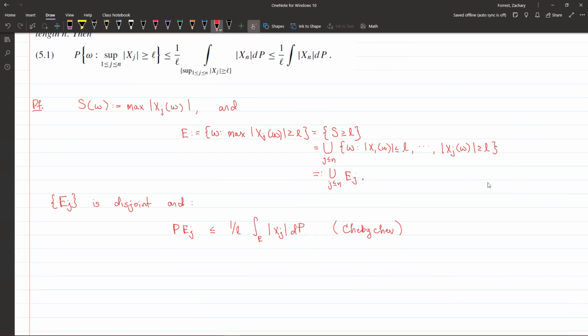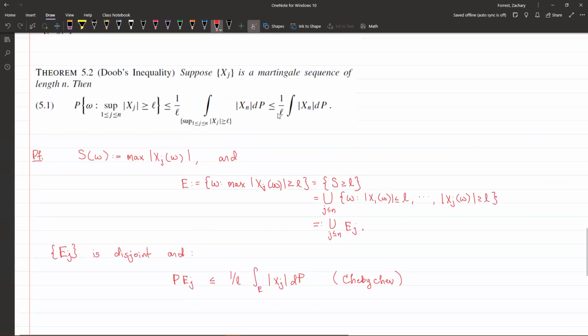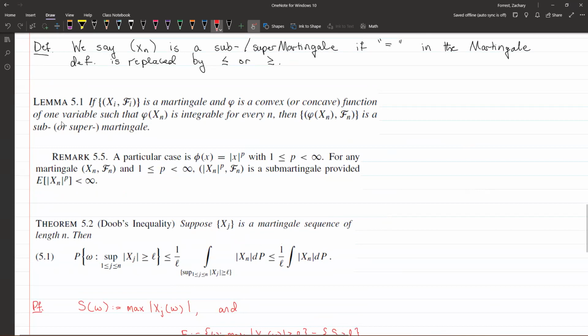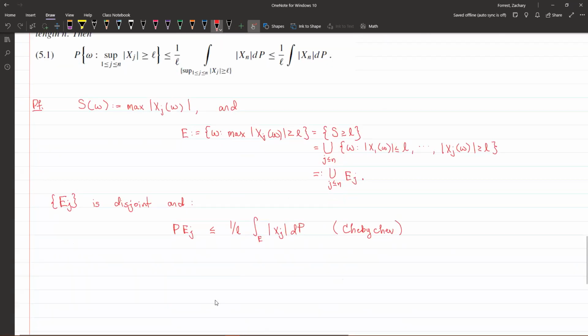Well, here's the thing. Because we're already working with a finite martingale, one of the properties of martingales that we just investigated came from lemma 5.1. And in lemma 5.1, we said if we have a convex function, then what we should end up finding is applying the convex function to our random variables produces a sub or a super martingale. Definitely absolute value is a convex function.